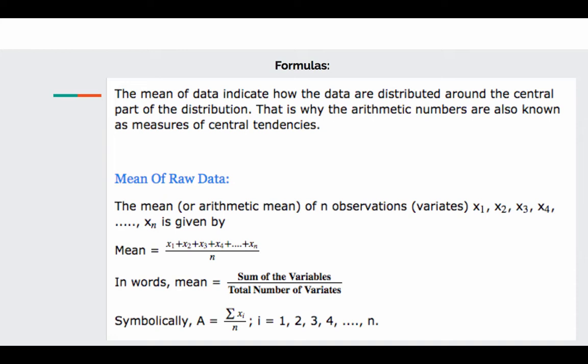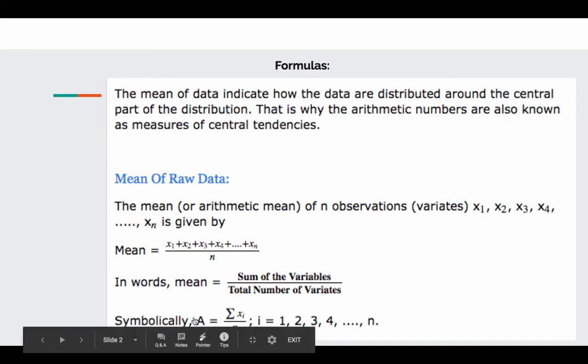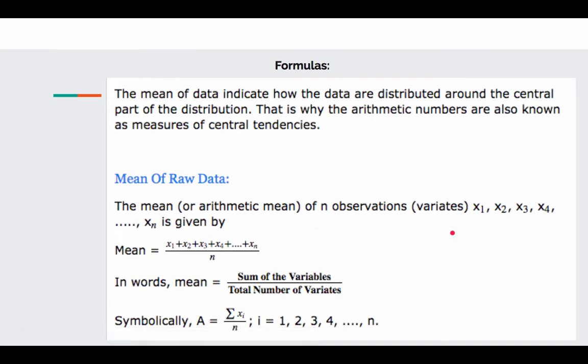Now if frequency is given, and x values are given, then do you know how to find it? Yes, the frequency sum will be obtained. Clear everyone? So remember, the next formula will be equal to the sum of fi xi upon the sum of fi.